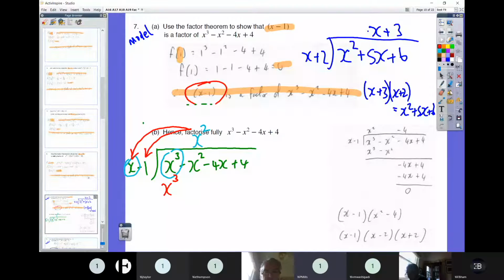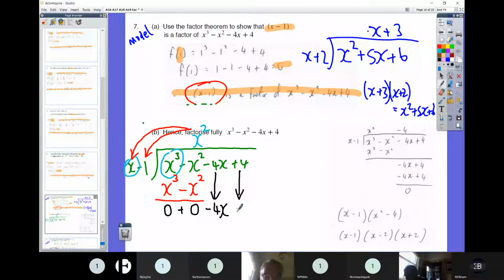You then take away the red bit from the green bit. X cubed take away x cubed is nothing. Minus x squared minus x squared, as it happens, is also nothing. So at this point, we've just got nothing. So this is the one occasion where, as you go into the next round, you don't just bring down the minus 4x, you also bring down the plus 4.